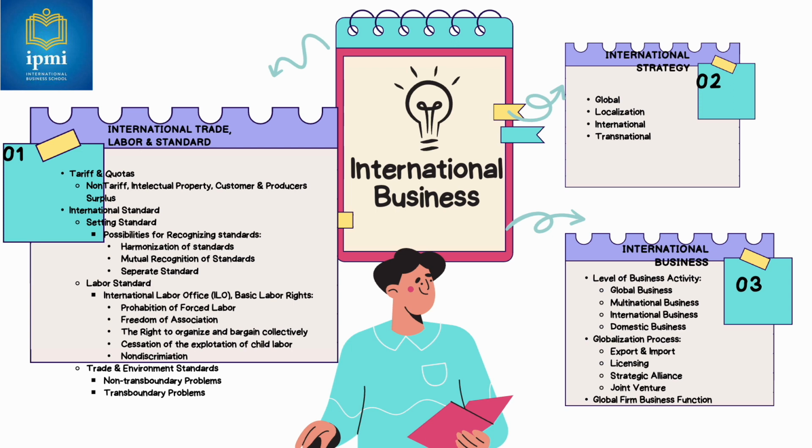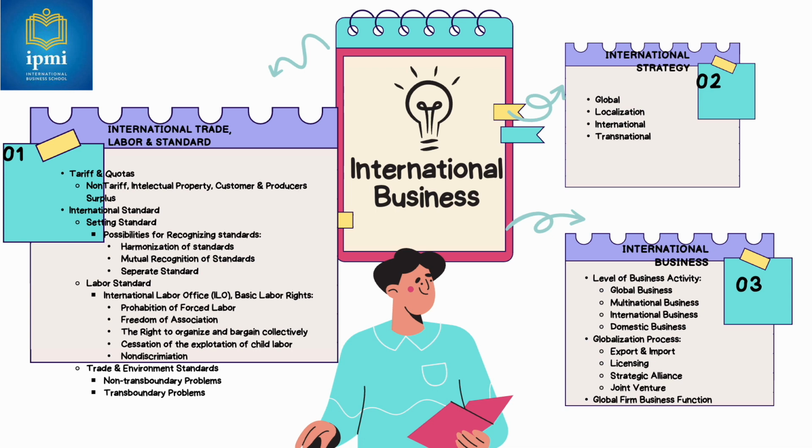The third one, international strategy, centralized in core competency and decentralized in subsidiaries. And the last one, transnational strategy, is mixed: centralized for location and decentralized for local responsiveness.